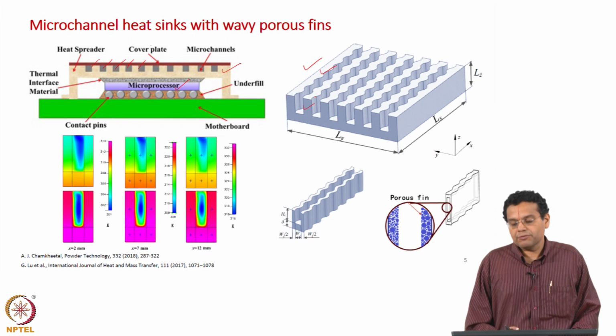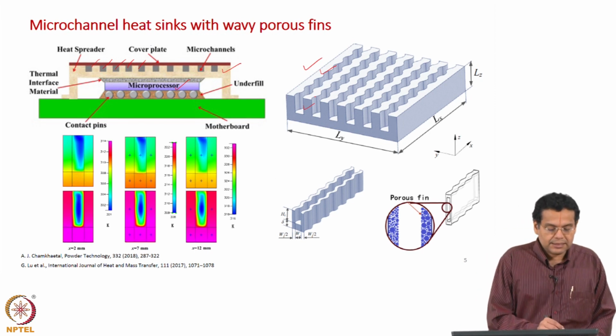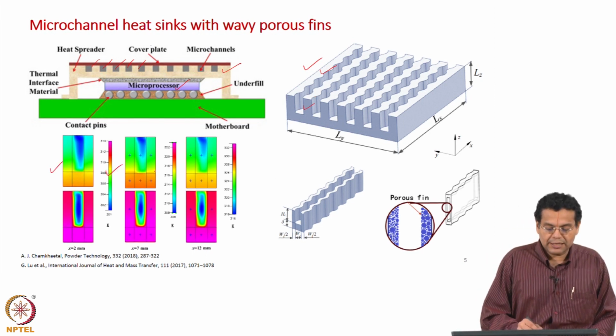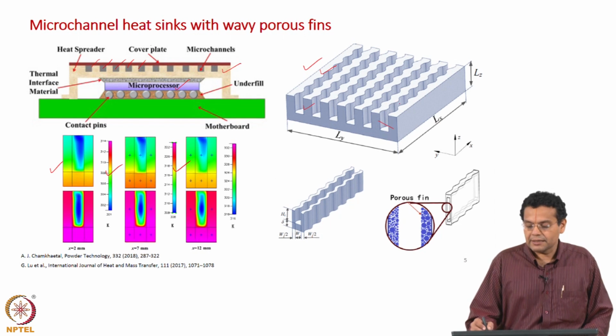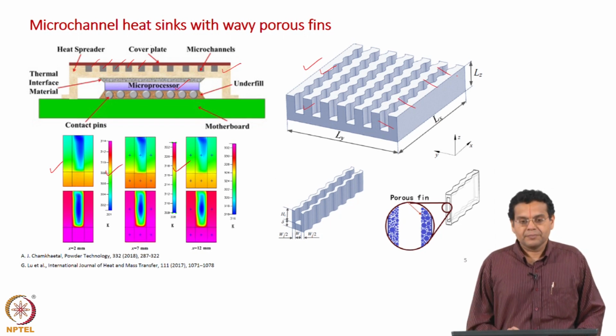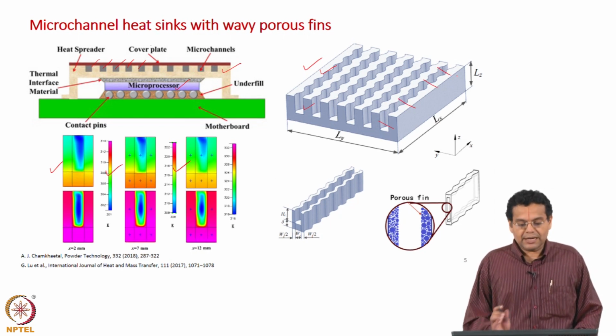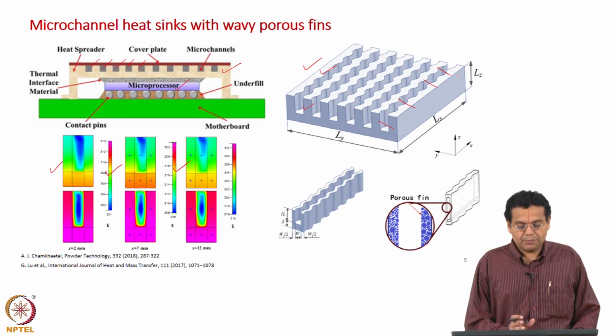Of course, you do have flow, so you solve along with the continuity and the Navier-Stokes equation, and such temperature profiles are shown here at different lengths along the channel. So, you can use the energy balance equation to get the temperature profile and arrive at very efficient design of this microchannel heat sink.